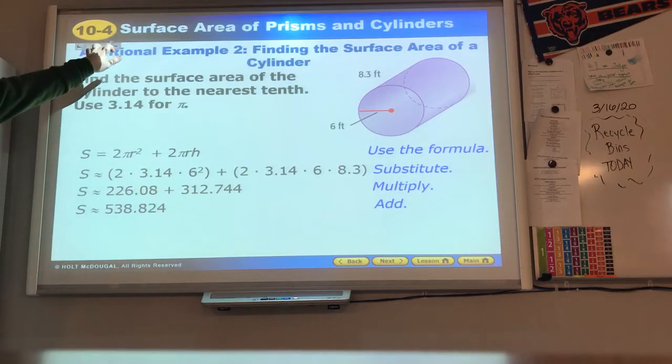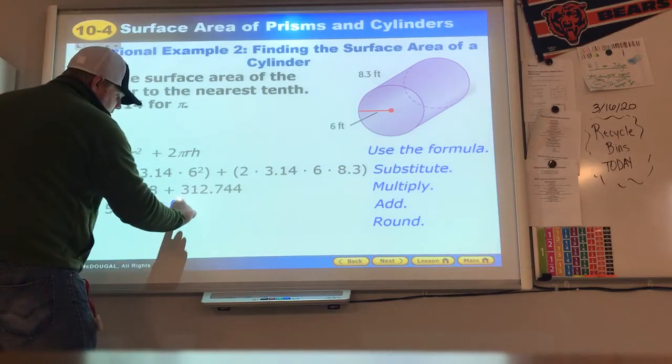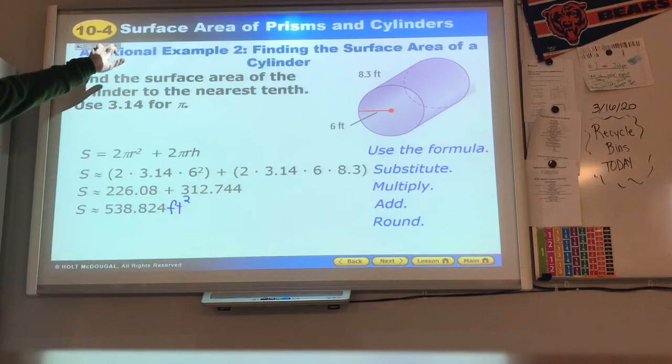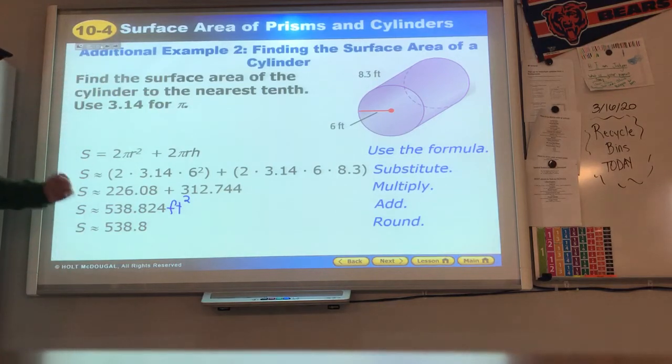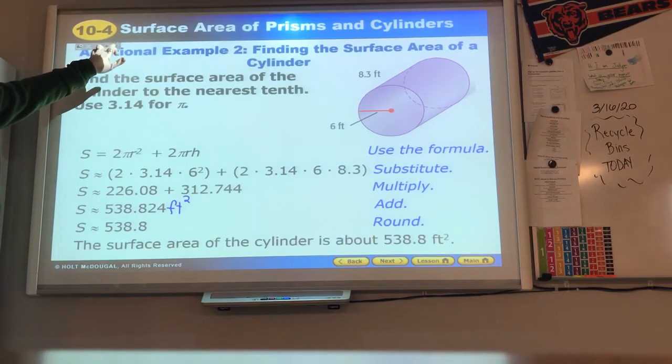Added together, 538.824. I'm very happy if you leave it at that answer, but we do need to add units, since it's feet and we're doing surface area, feet squared. All right, 538.8. Notice they just rounded to the tenths place, and we have our answer.